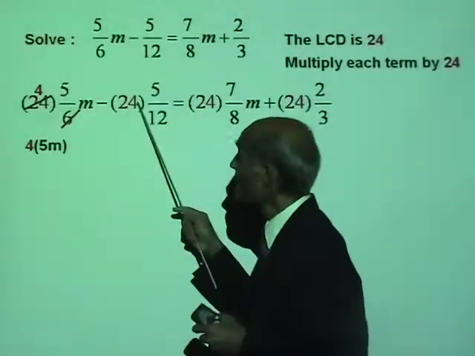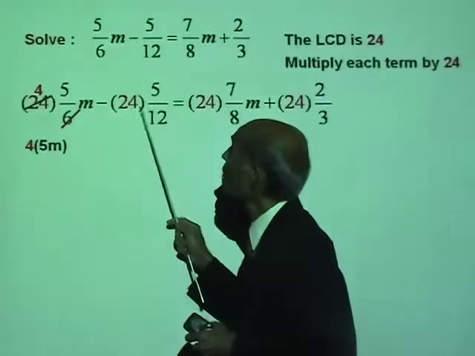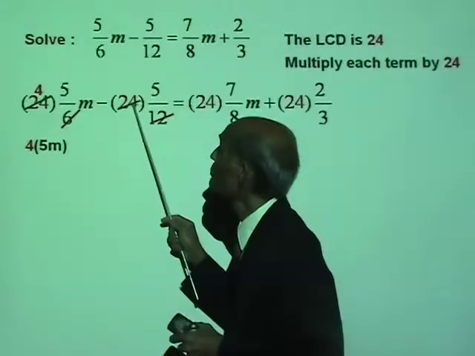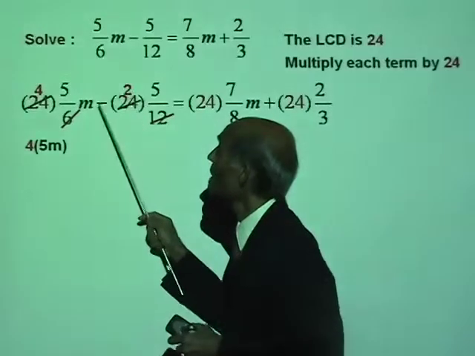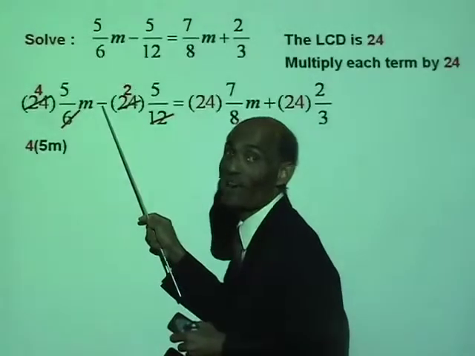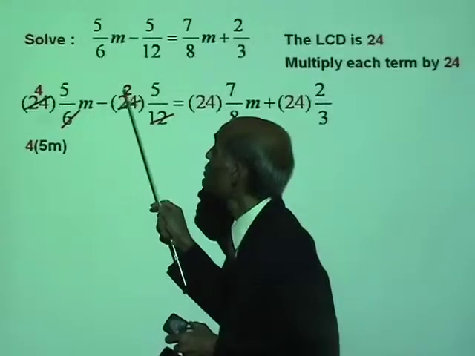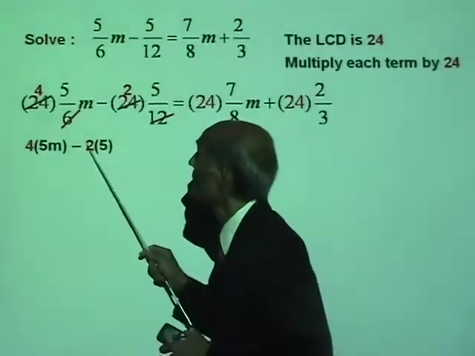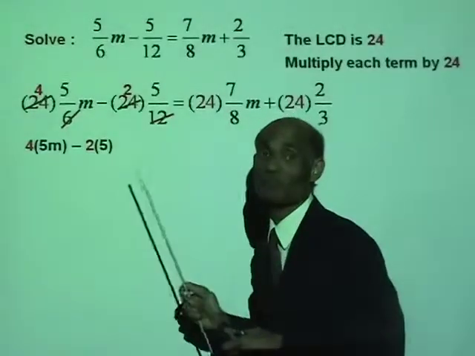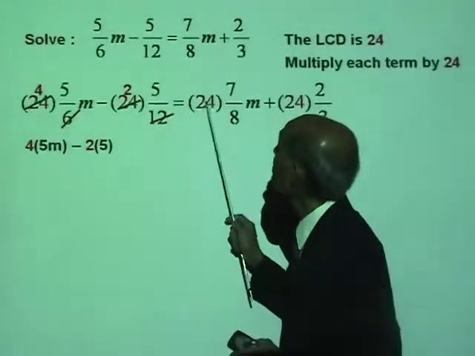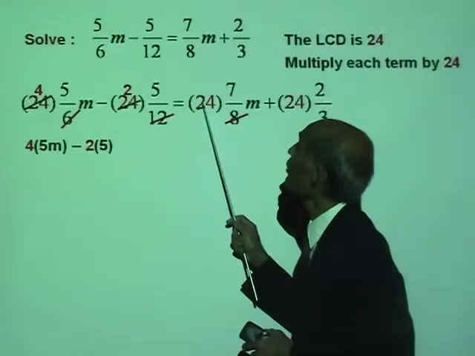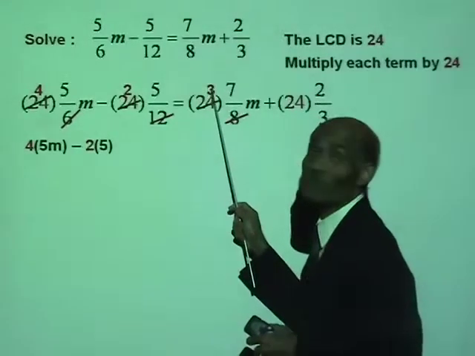Okay, let's go to the next one. 12 goes in 24 how many times? 12 goes in 24 2 times. And look at the minus sign there. That will be minus 2 times 5. Equal to, we go to the right side. 8 goes in 24 3 times.